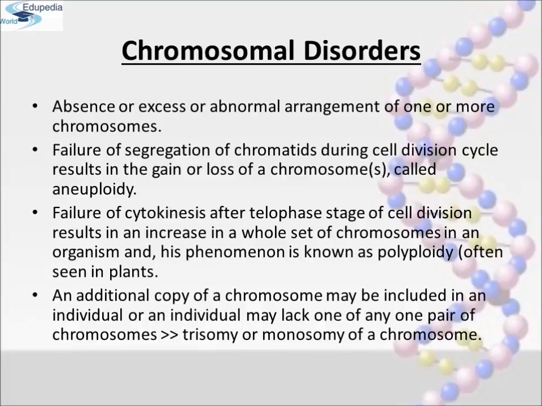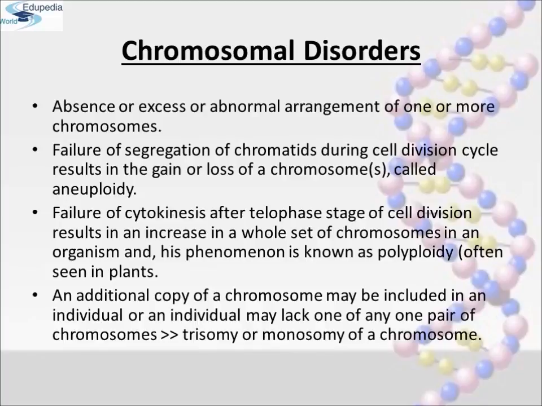Similarly, Turner syndrome results from the loss of an X chromosome in human females. Failure of cytokinesis after telophase stage of cell division results in an increase in a whole set of chromosomes in an organism, and this phenomenon is known as polyploidy. This condition is often seen in plants.